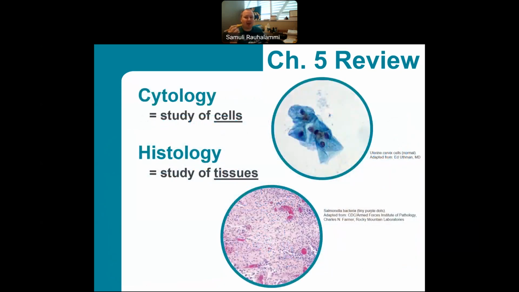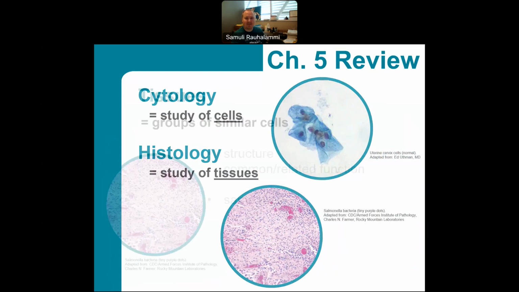So a couple of terms that I wanted to clarify here. If we're studying cells, we're talking about the field of cytology. When we're studying histology, we're studying tissues. And remember, tissues were when we had multiple cells coming together to form these larger masses of cells that shared a function together.